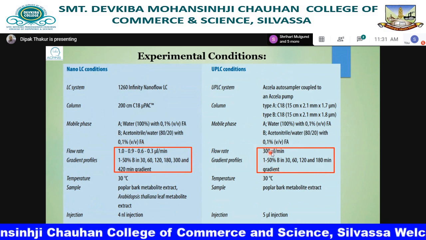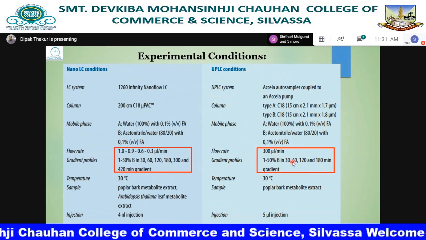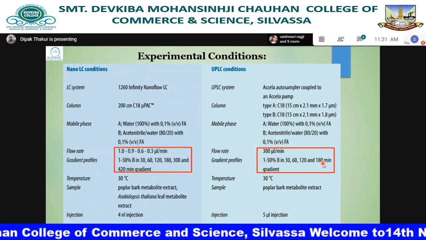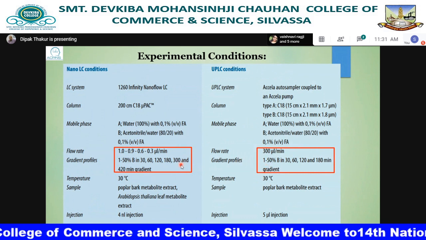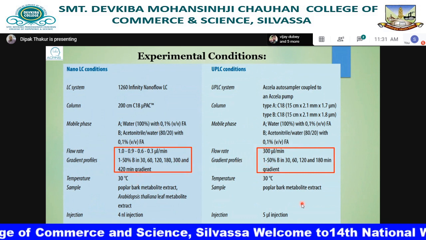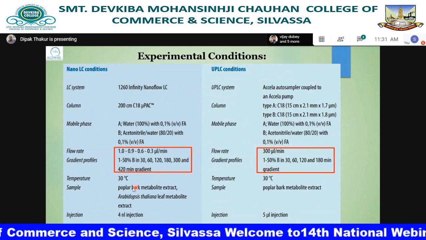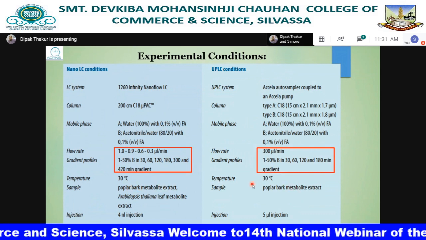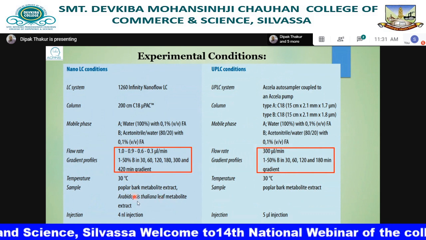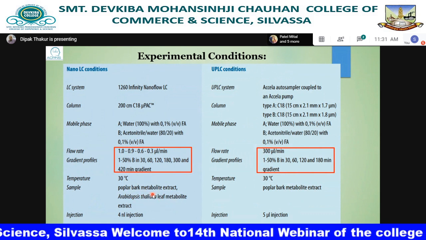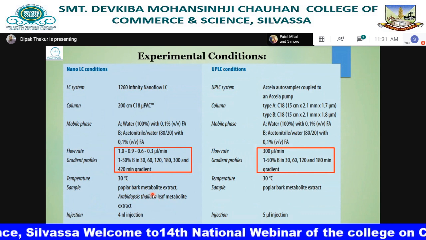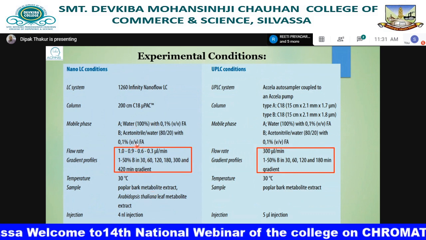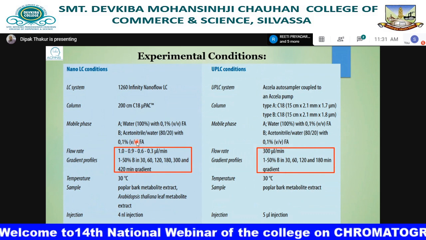Again, at such flow rates, the preferred maximum run time is 180 minutes. On both the systems, poplar bark metabolite extracts were run and compared, whereas an additional sample of Arabidopsis leaf metabolites was run and demonstrated on micropack column based chromatography.